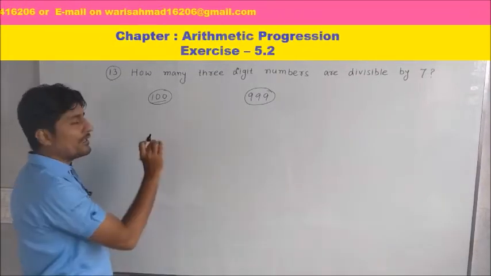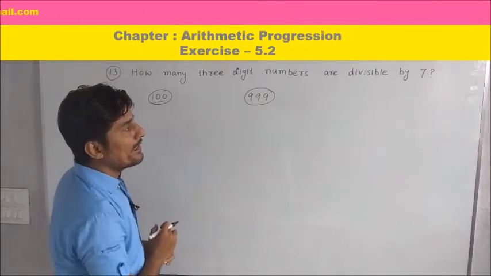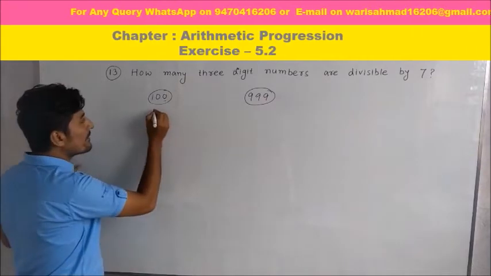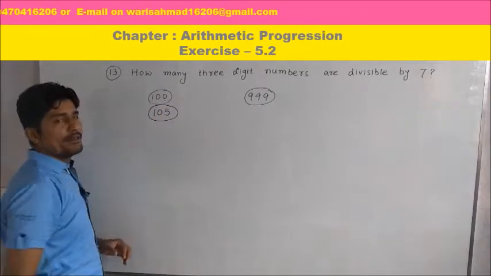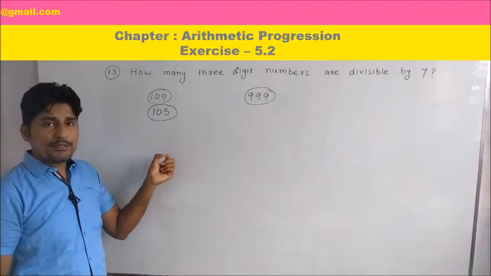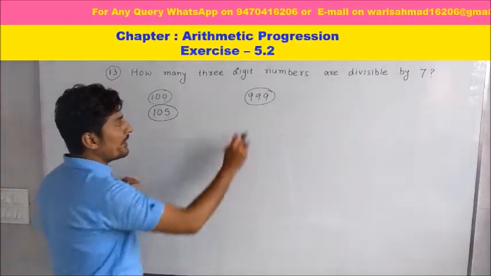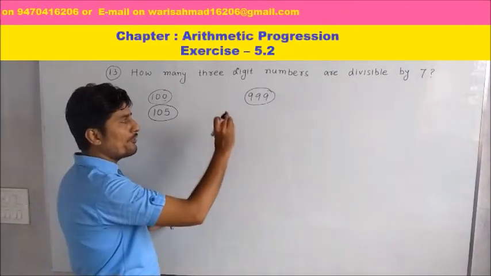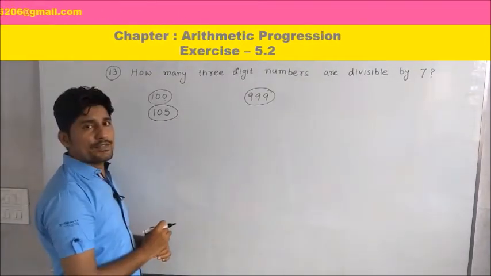So we have to find the smallest 3-digit number which is divisible by 7. 100 is not divisible by 7. The smallest 3-digit number which is divisible by 7 is 105. Now 999 is not divisible by 7, so we have to find the greatest 3-digit number divisible by 7.